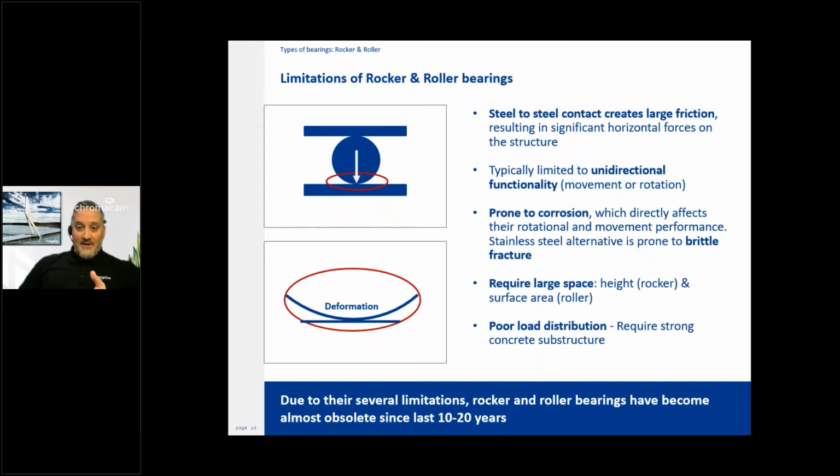One of the limitations could be space, for example, because a roller bearing is quite tall. You need the entire cylinder, so this can be pretty tall. And then the concrete would have to be quite strong. You can imagine when you have this point of contact, like in the lower picture, you need quite some distance to distribute that load, or you need a very strong concrete. So, yep, like I said, just application based.